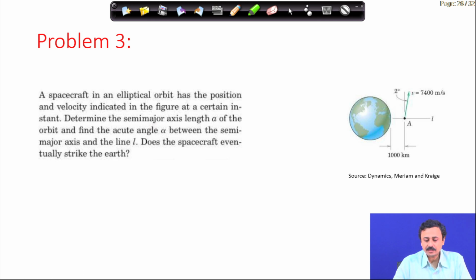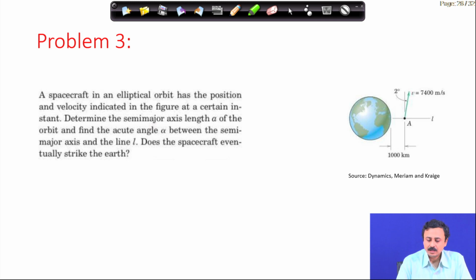A spacecraft in an elliptical orbit has the position and velocity indicated in the figure at a certain instant. Determine the semi-major axis length A of the orbit and find the acute angle alpha between the semi-major axis and the line L. Now, this line L has been shown here. Does the spacecraft eventually strike the earth?